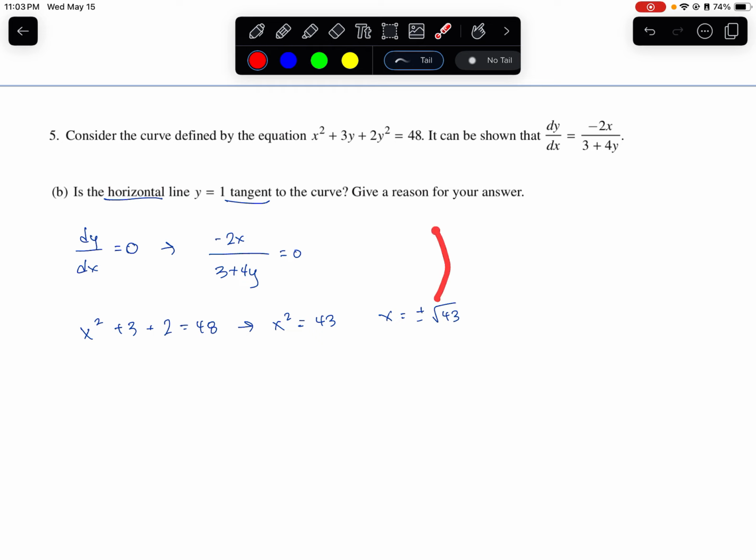So I have a coordinate point: y equals 1, and x is equal to plus or minus the square root of 43. If I plug that into my dy dx, I need to get 0 for it to be a horizontal tangent, right? You can already tell it's not going to work that way.